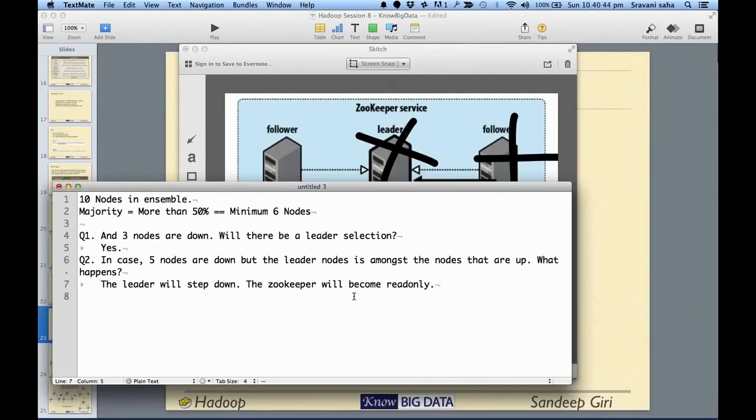So whatever nodes are available, let zookeeper run. Unless and until all nodes are down, let it run. Why is this weird rule that more than 50% of the nodes should be up, only then will zookeeper do anything? Otherwise, it will just become read only. Why is this weird rule?